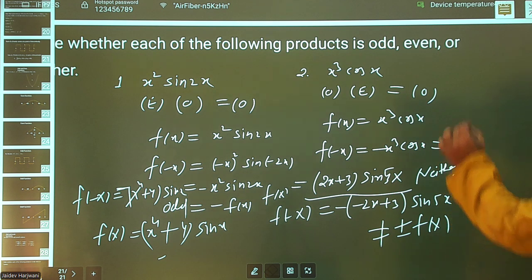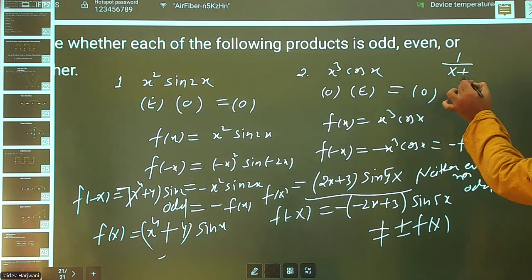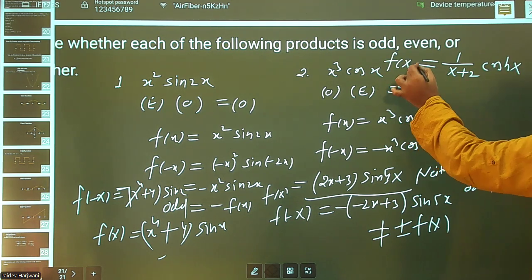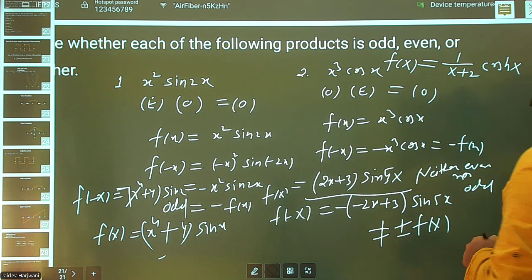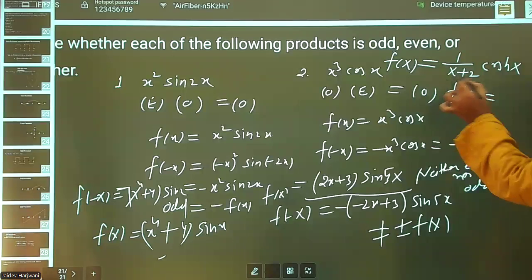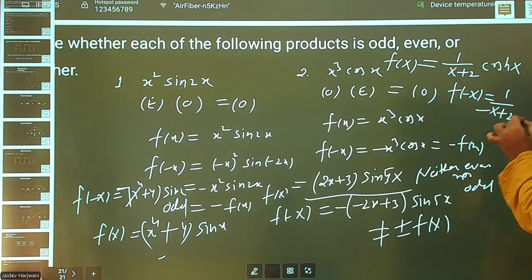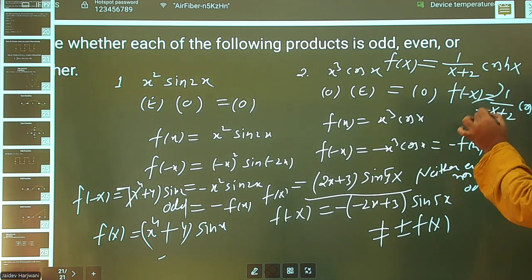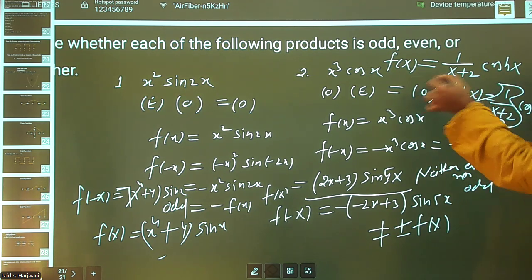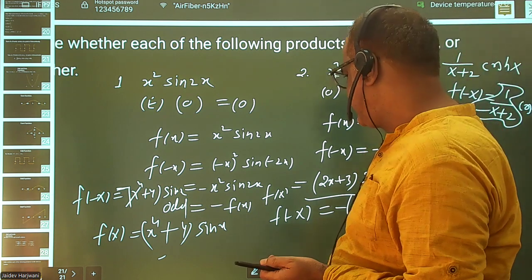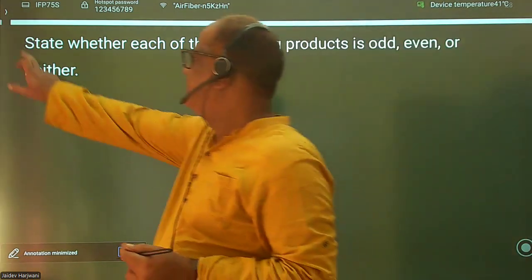Similarly, last, say I have f(x) = 1 upon x plus 2, cos hyperbolic x. Now if I write f(-x), this will become minus x plus 2, cos of hyperbolic x. Now cos hyperbolic x is an even function, but this function is neither even nor odd. So this way we can identify the functions.